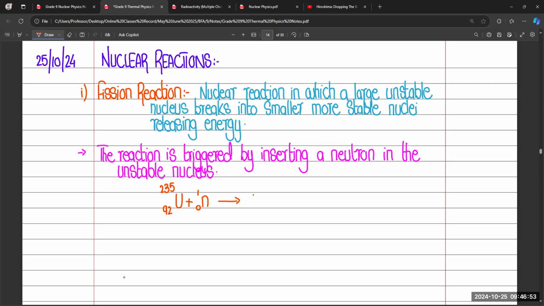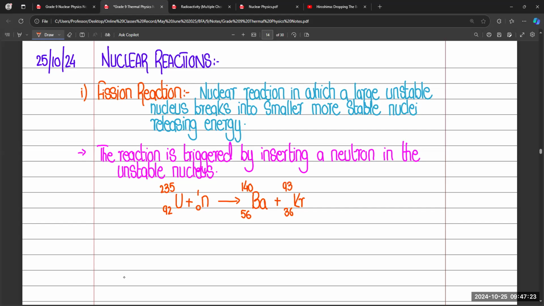So let's suppose in this reaction we got one element, barium, which is 56 and 140. You can see this element is smaller than uranium. And we got another element which is krypton, 36, 93.